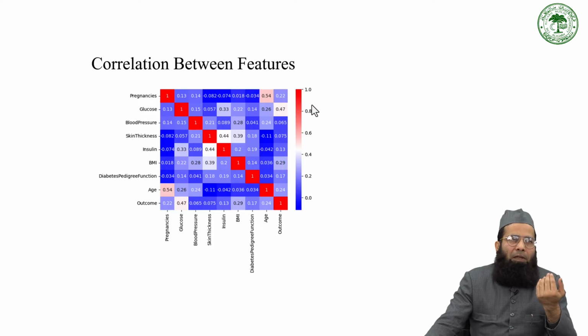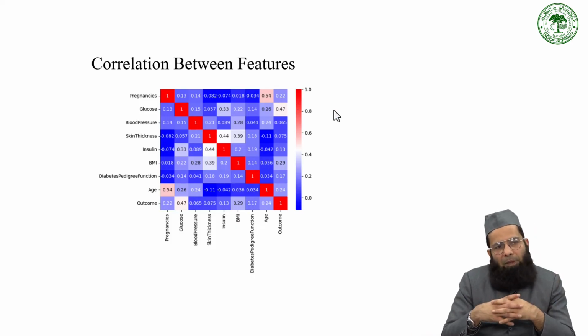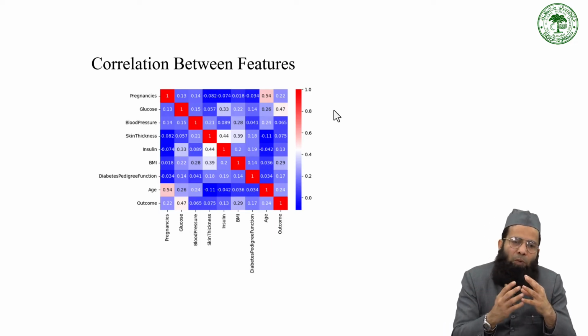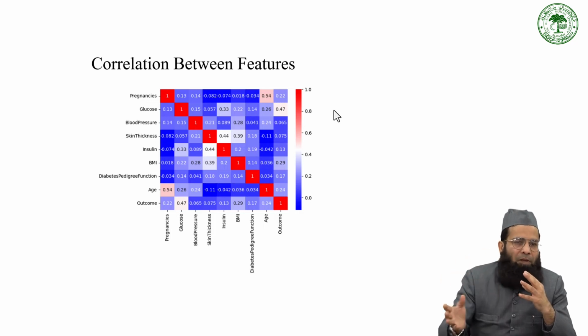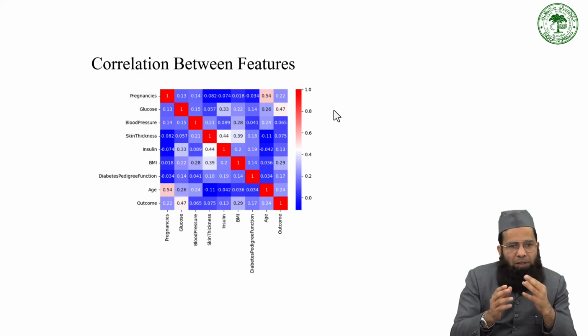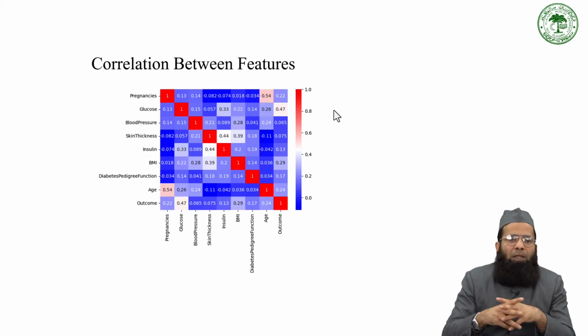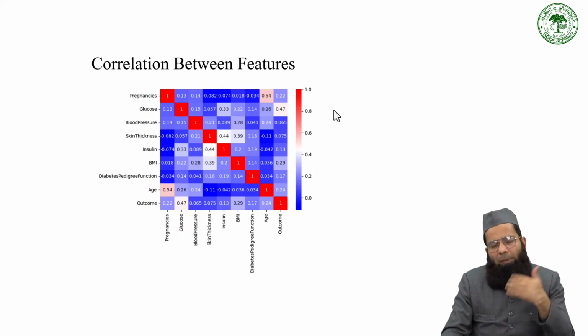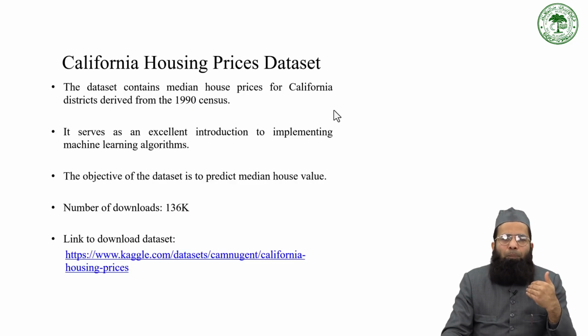So for training purposes, if 2 features are very much correlated, we can exclude one feature, we can drop one feature. There is no need to include both if both are very much correlated. That we will discuss in detail when we discuss the modeling part.